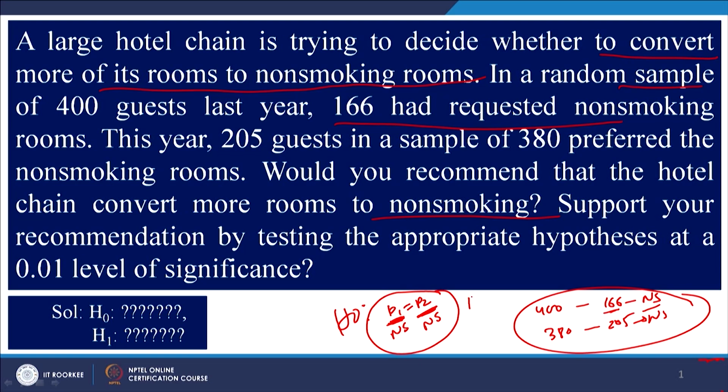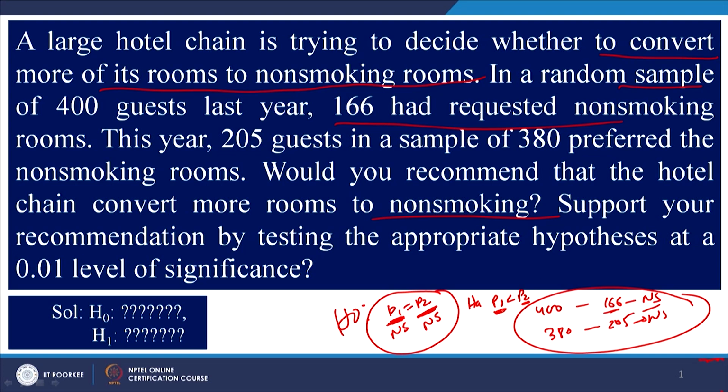The alternative hypothesis can be P1 less than P2. P1 is the proportion of non-smokers who requested rooms last year, and P2 is the proportion of non-smokers who preferred rooms this year.